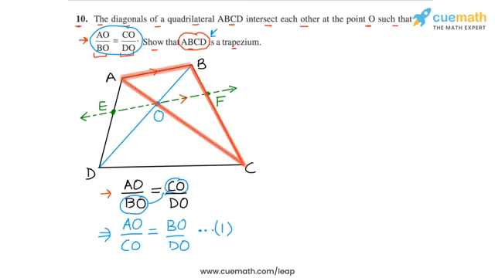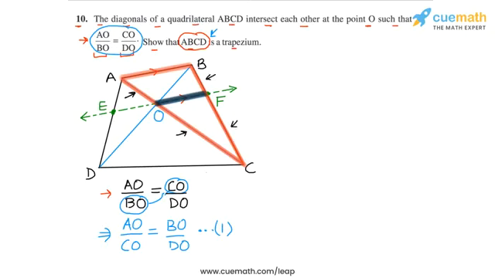In this triangle, we can apply the basic proportionality theorem. And why is that? Well, because OF will be parallel to AB. So we can apply the basic proportionality theorem, and using that we can say that AO by CO will be equal to BF by CF.